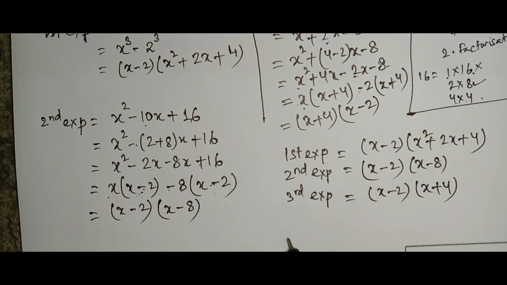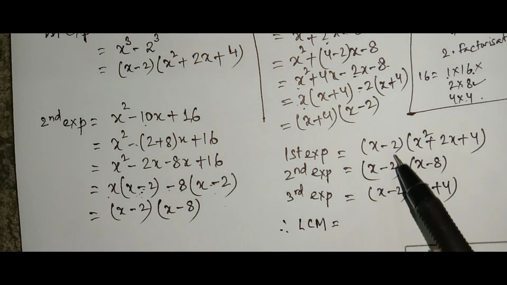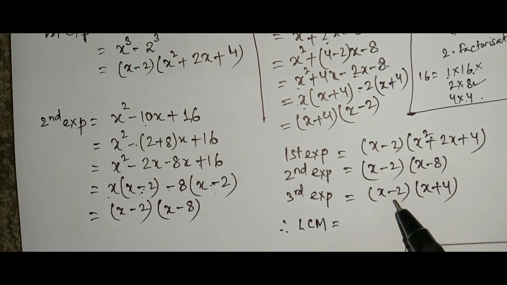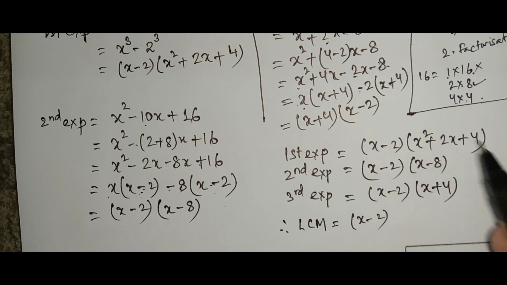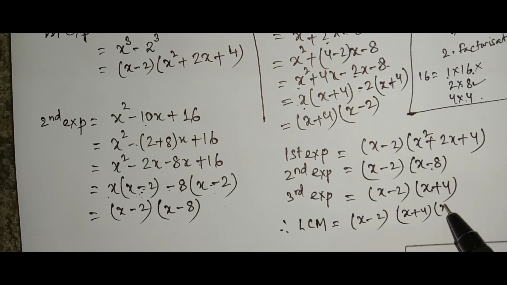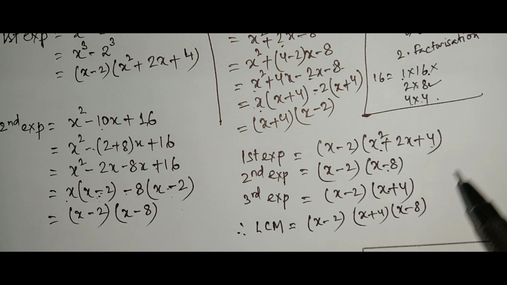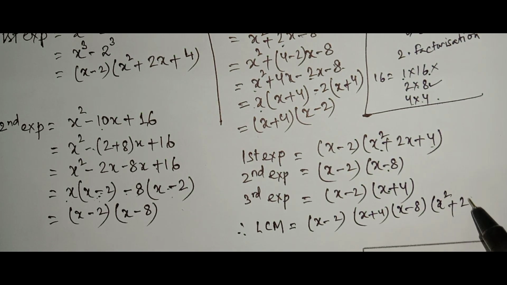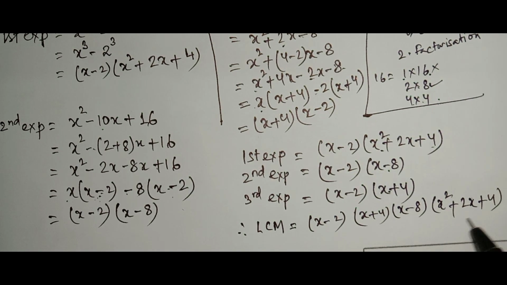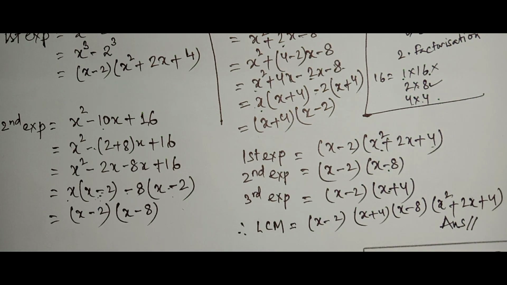Therefore my LCM is: write the common factor only one time, so x minus 2, and now the remaining ones: x plus 4, x minus 8, and x squared plus 2x plus 4. This is my answer.